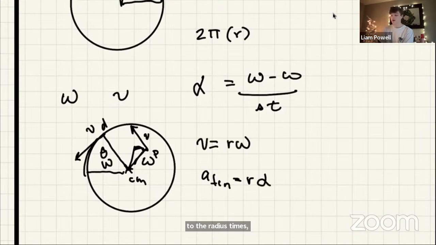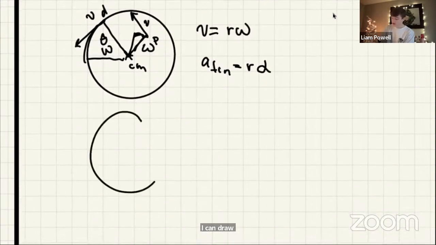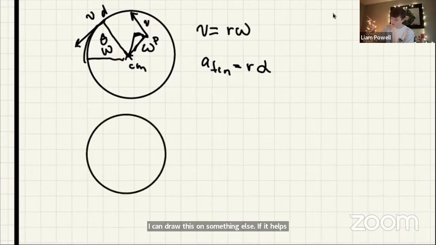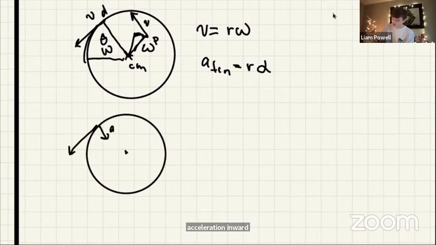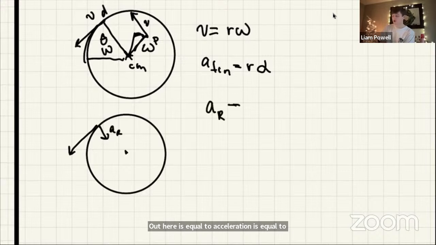And then the centripetal acceleration, which is the acceleration inward, is a_r, the radial acceleration. Remember centrifugal, because that goes back to unit 5, I think, uniform circular motion. That's equal to omega squared times the radius.